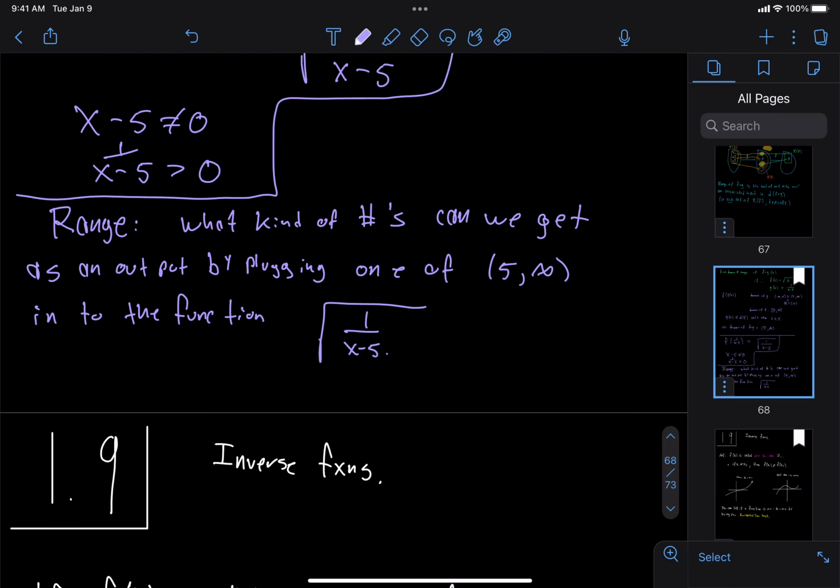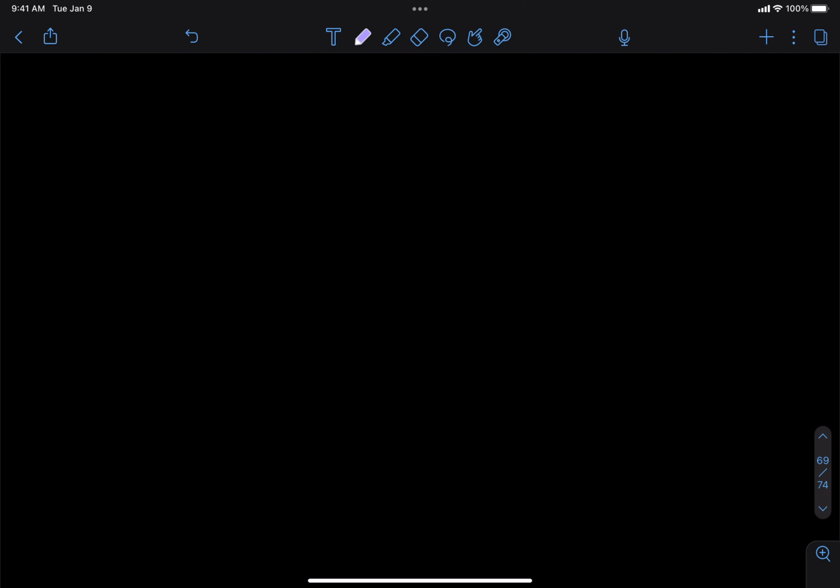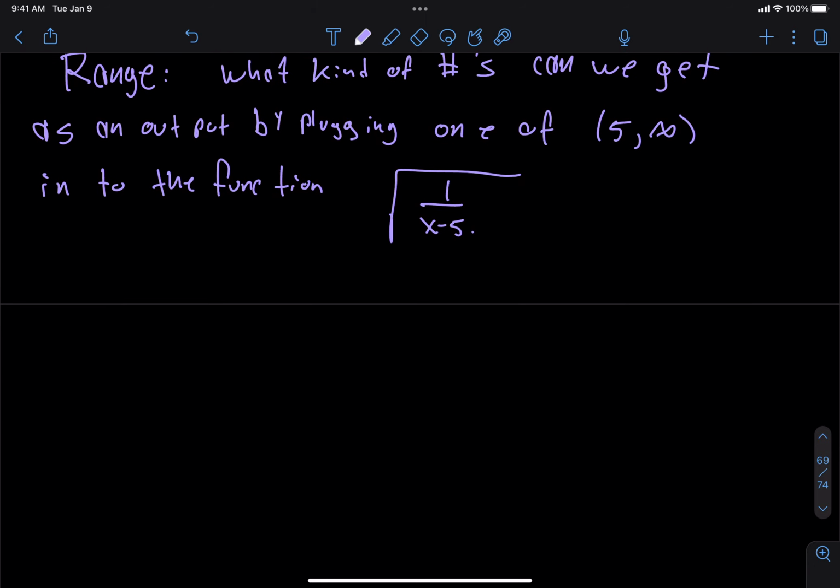This is the question that we need to answer in order to find the range of the composition.